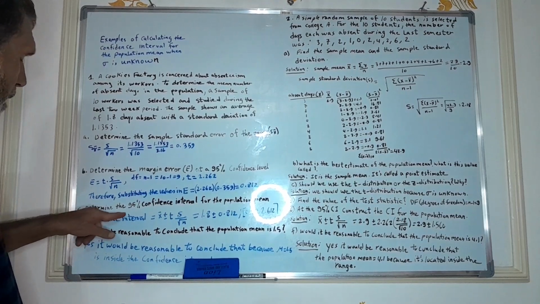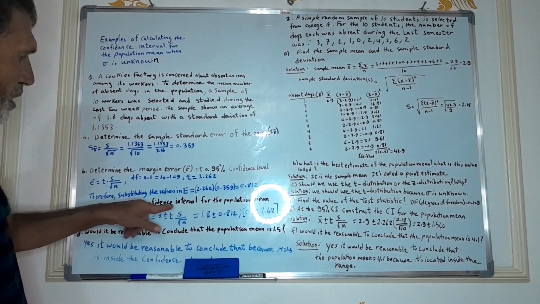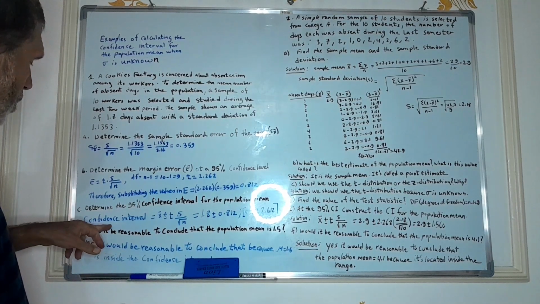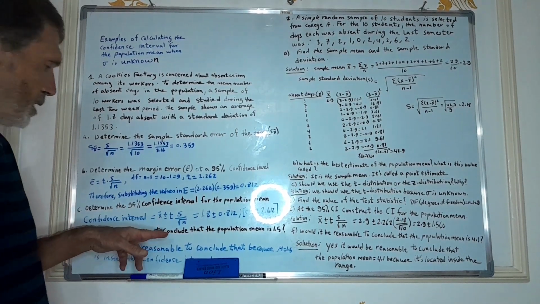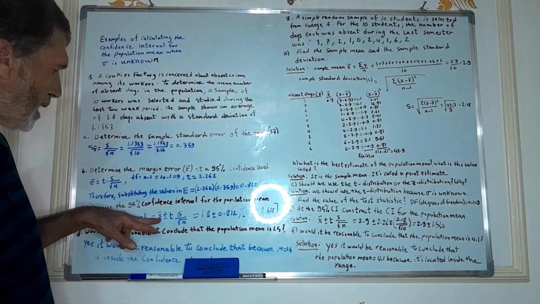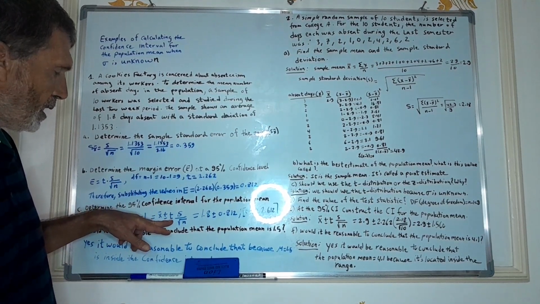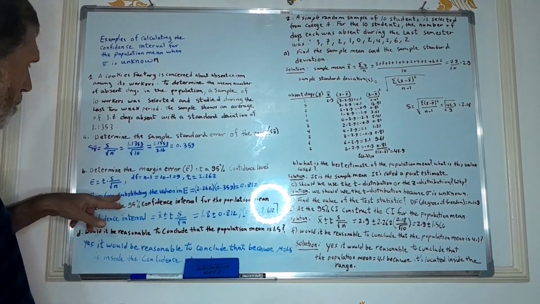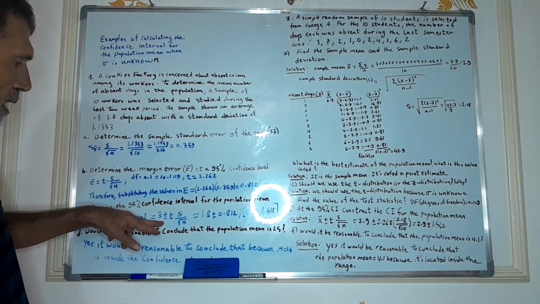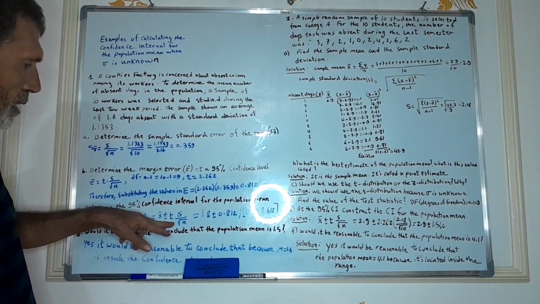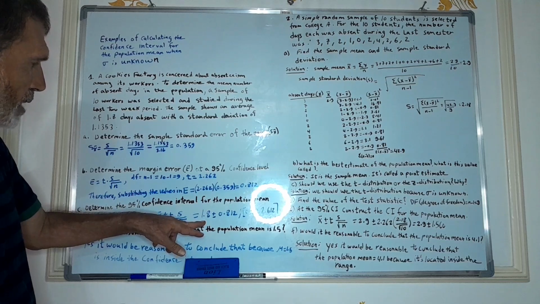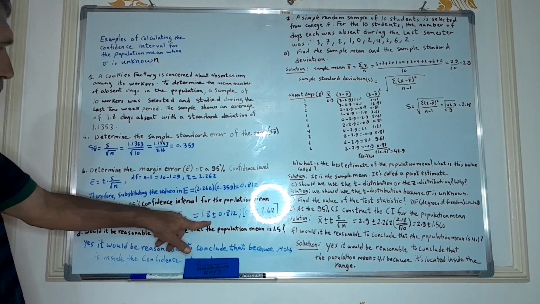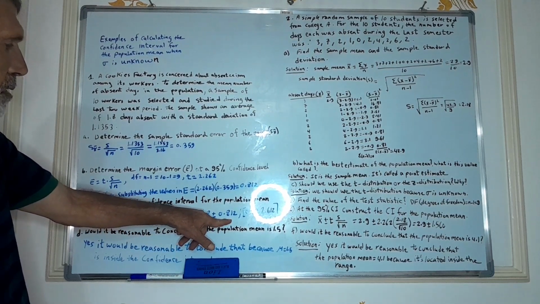Now, determine the 95% confidence interval for the population mean. The confidence interval formula is x bar plus or minus t times s over radical n, or x bar plus or minus the margin of error. So x bar, which is 1.8, plus or minus 0.812.